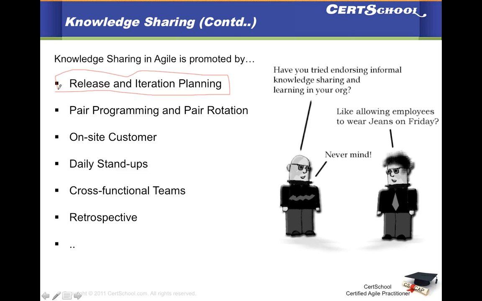Release planning, as we know, is done by product management against the product roadmap. You try to find the milestones, and you put your releases around those milestones. So how is knowledge sharing happening there? There's a group of product management people deciding. It is not one sole authority doing that; it is a collaborative effort on the product management side.